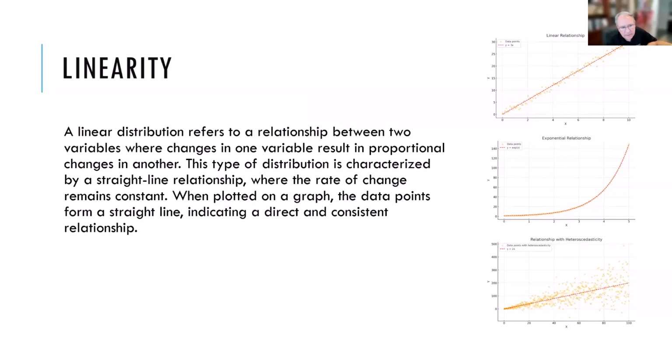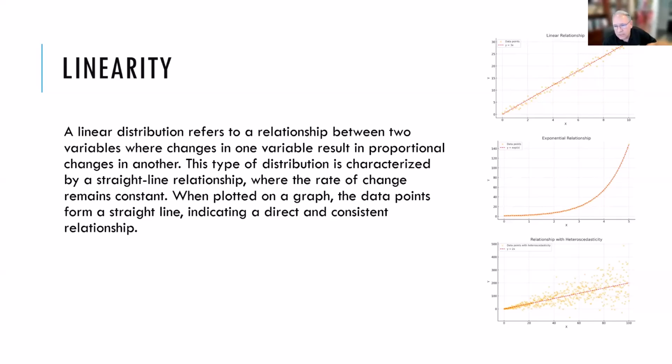Another concept is linearity. This is the relationship between two or more variables. It refers to the relationship between two variables where a change in one variable is proportionate to the change in another variable. So in the top graph, you see a linear relationship. You can predict y if you know x.